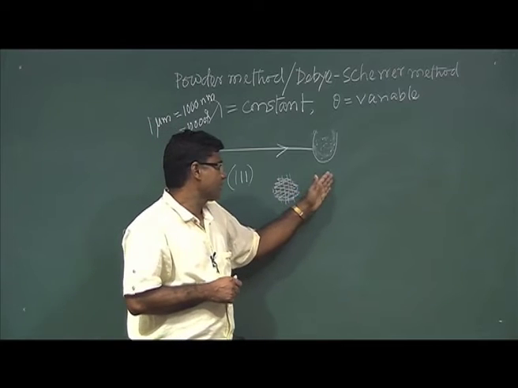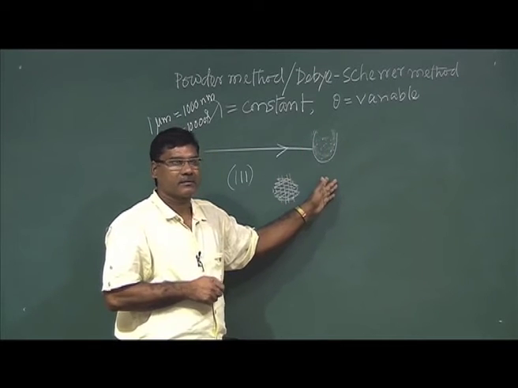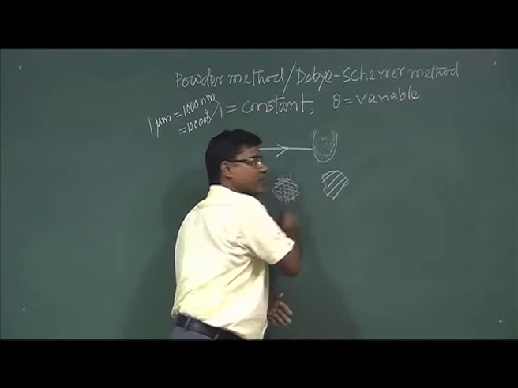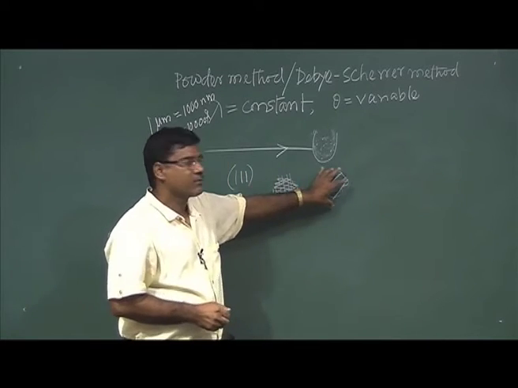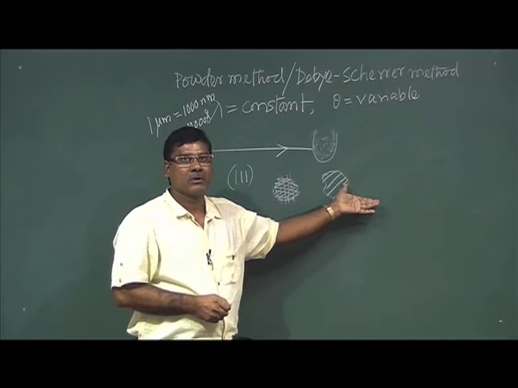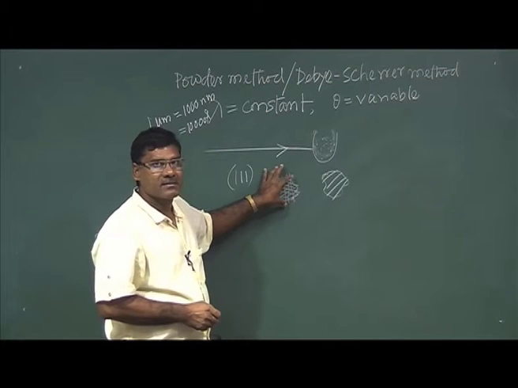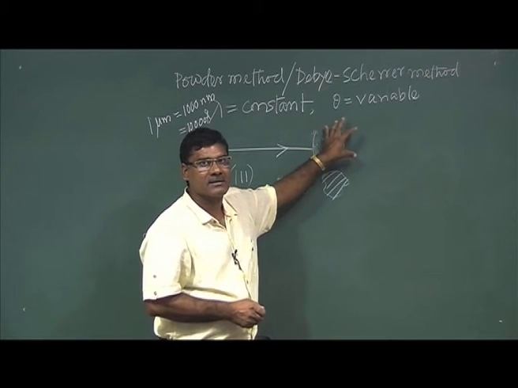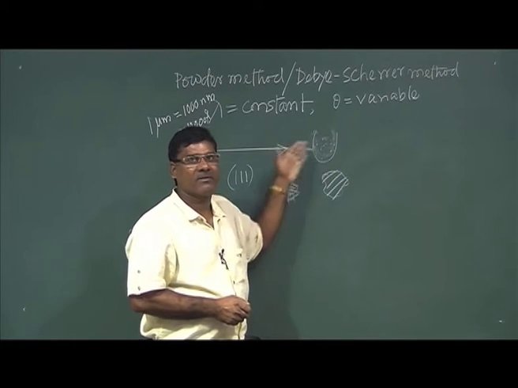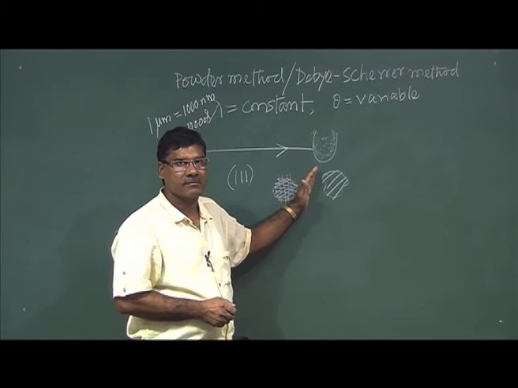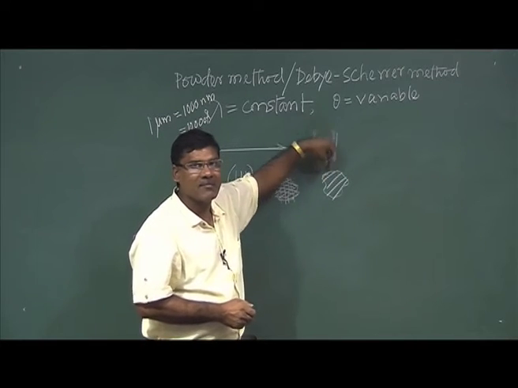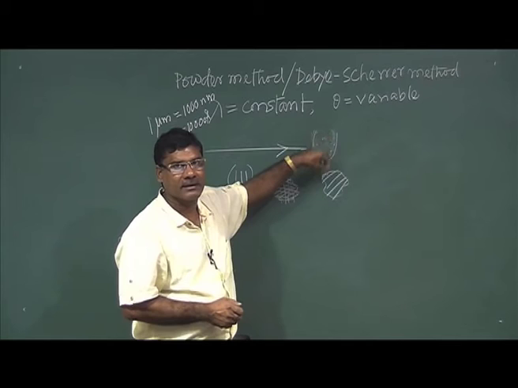In another particle, that one plane will form a different angle. You can imagine that thousands and thousands of particles are here, and each particle has these planes, right. They are randomly oriented here.